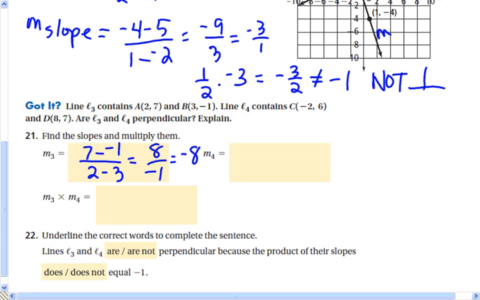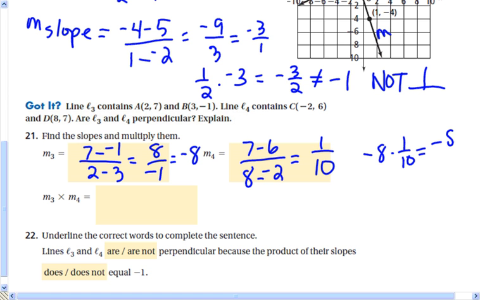The slope of L4 is equal to 7 minus 6 over 8 minus negative 2, which is 1 over 10. And so negative 8 times 1 over 10 is equal to negative 8/10, which is not equal to negative 1.